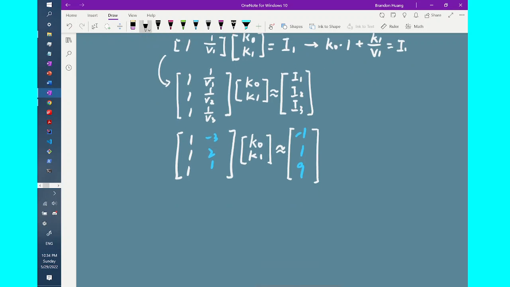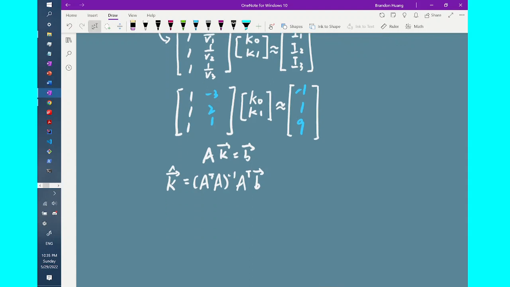or not the actual precise solutions for them, at least. So that being said, we now have our matrix vector expression, and we know that for such a matrix, we can call it as AK is equal to B, and the best estimation of K is equal to A transpose A inverse A transpose B, which is equal to a matrix multiplication that looks like something like this. 1, -3, 1, 2, 1, 1, and I need the inverse of this, which will actually take some time to get.